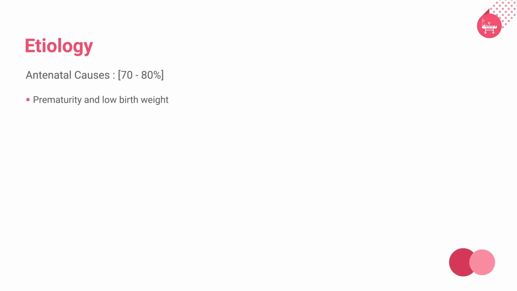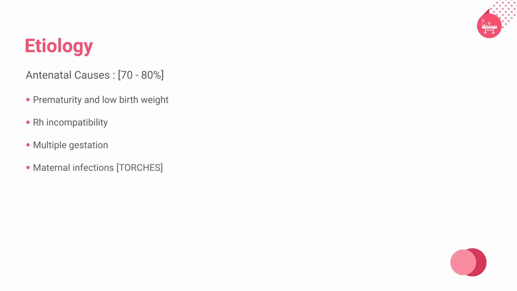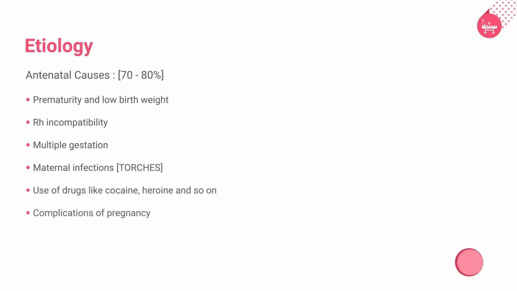The antenatal causes constitute 70 to 80% of cerebral palsy. They include prematurity and low birth weight, Rh incompatibility, and multiple gestations. Maternal infections, particularly with TORCH organisms like toxoplasma, rubella, cytomegalovirus, herpes, and syphilis, do cause cerebral palsy in the newborn. If the mother is a drug addict of cocaine or heroin, it may result in cerebral palsy in the newborn.